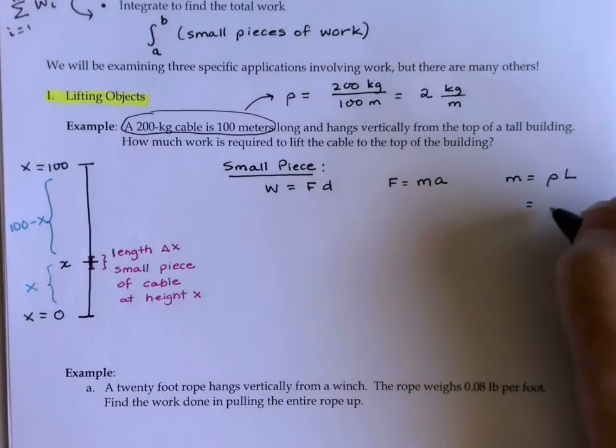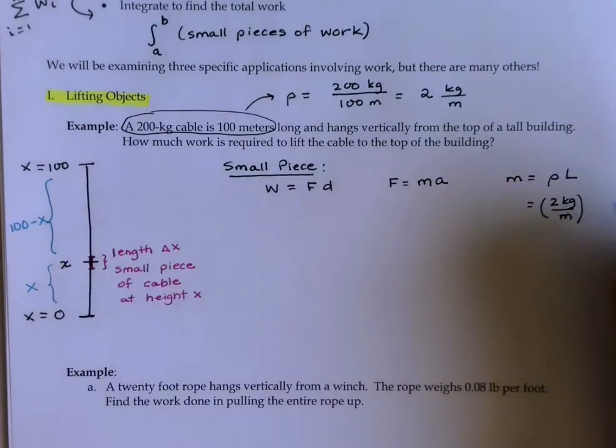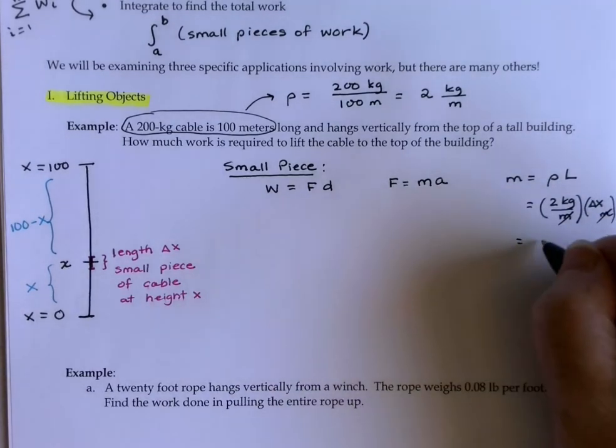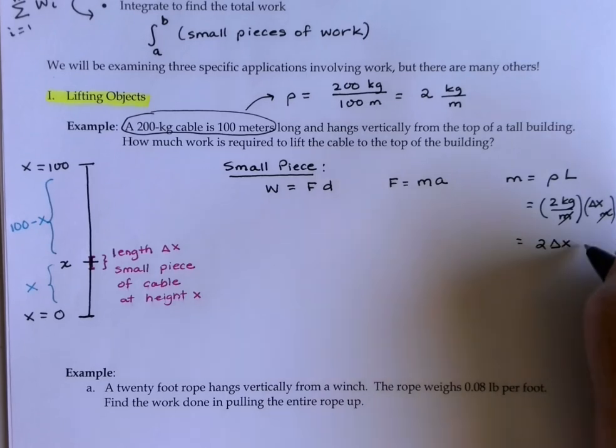So for my mass, I'd have 2 kilograms per meter times my length, delta x meters. Meters will cancel out, and my mass is 2 delta x kilograms.